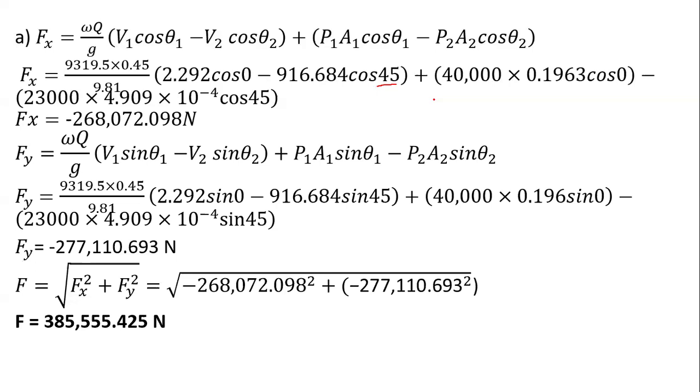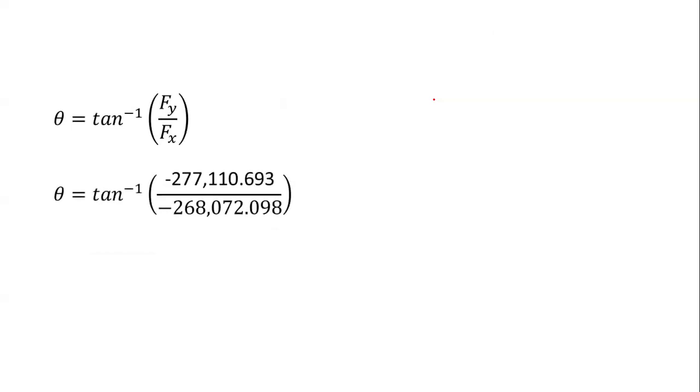The question was also asking for the direction. At what angle? So theta is tan inverse of Fy over Fx, and we substitute. Our angle is 45.95 degrees. What did we say about tan? We said tan is positive in the first and third quadrant.